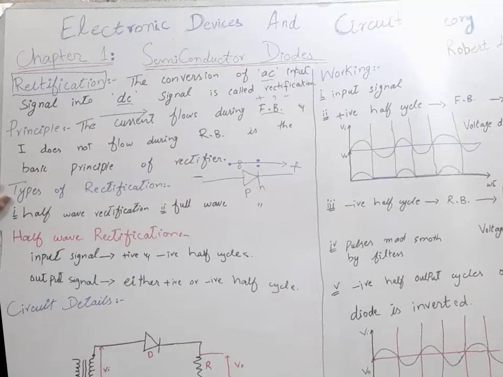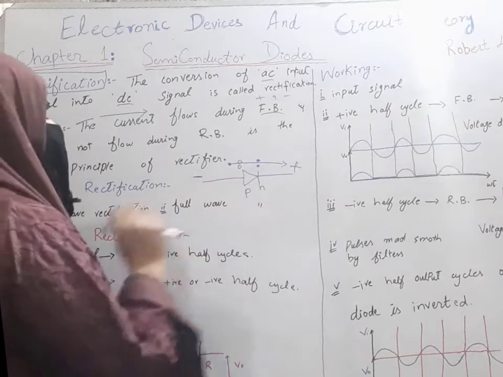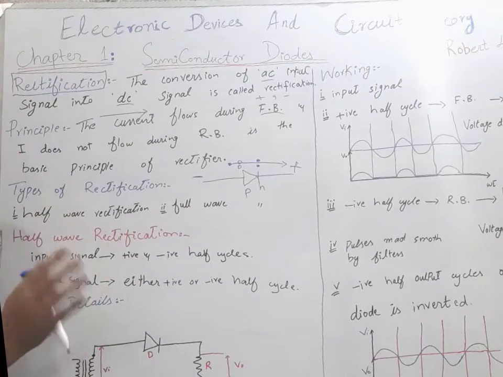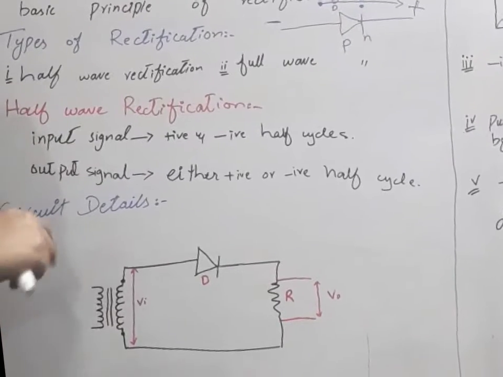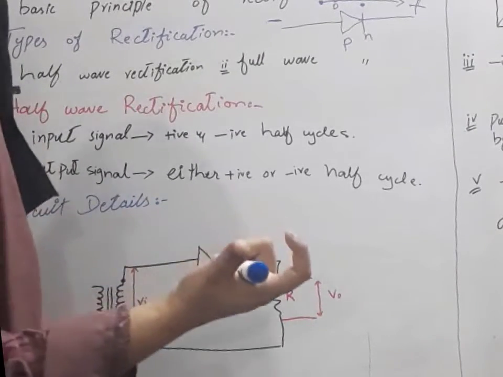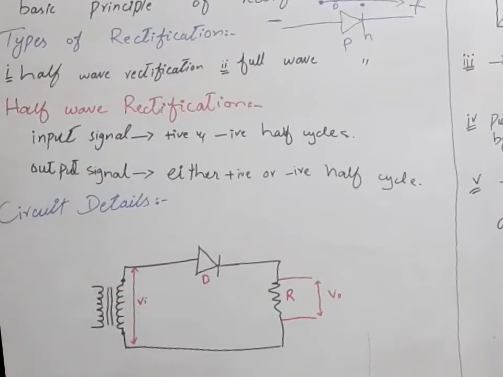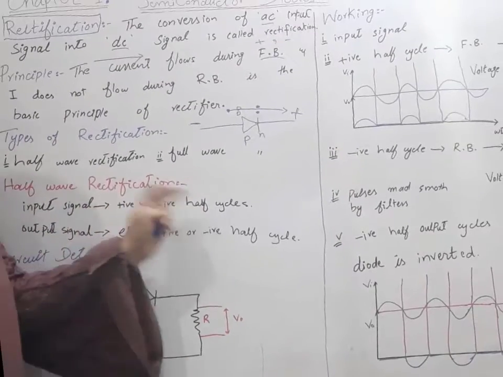Types of rectification. We have two types of rectification: number 1 is half wave rectification, number 2 is full wave rectification. Now let us discuss half wave rectification. What is half wave rectification? The input signal contains positive and negative half cycles.